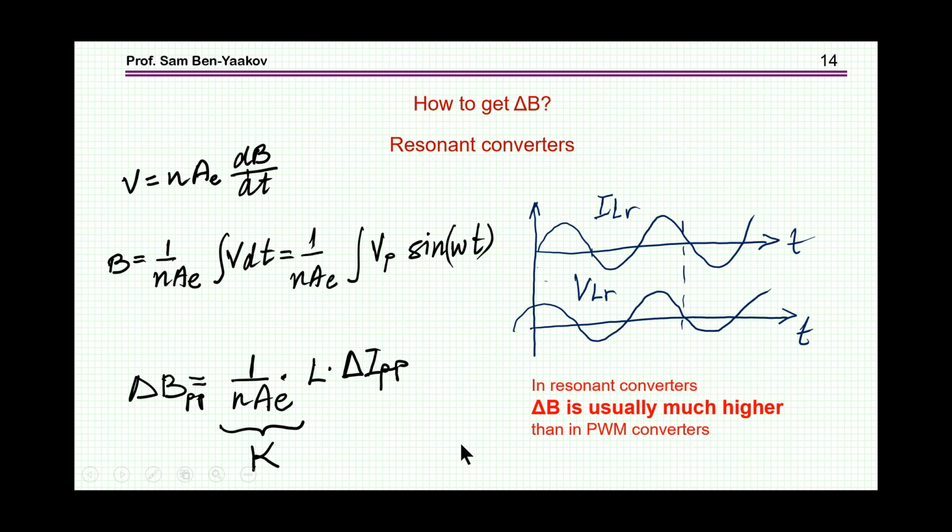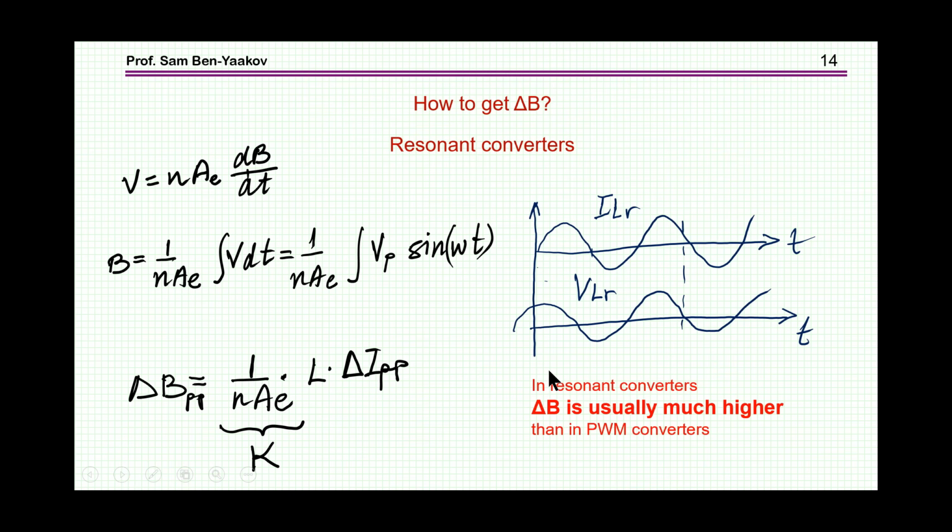Okay, now in the case of a resonant converter, or an inductor intended for a resonant converter, the situation for core losses is much, much, much worse. And it should be emphasized that the delta B is much larger because there's no DC.